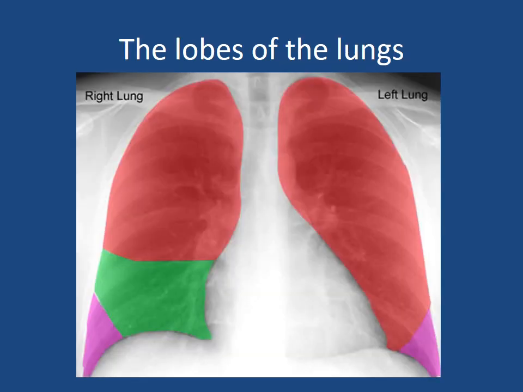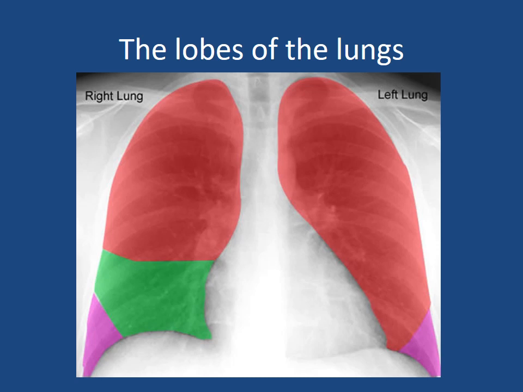Before we go on to consider what pathologies look like in the lungs, it's good to have a little thought about the actual anatomy as well, because that helps us to suggest what part of the lungs pathologies might be in. What we're looking at here is a picture that shows us the lobes of the lungs.